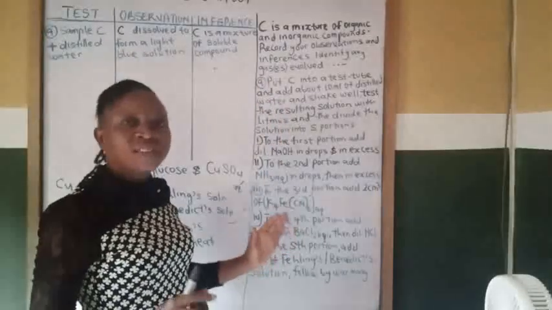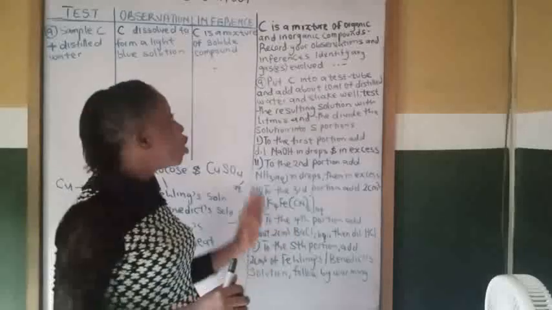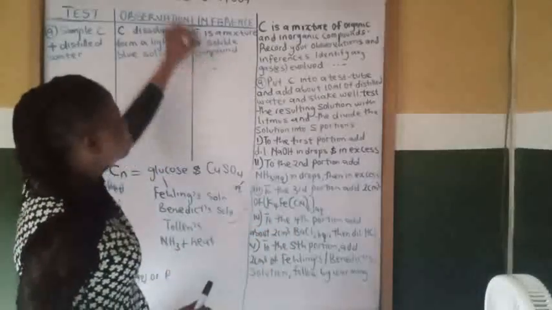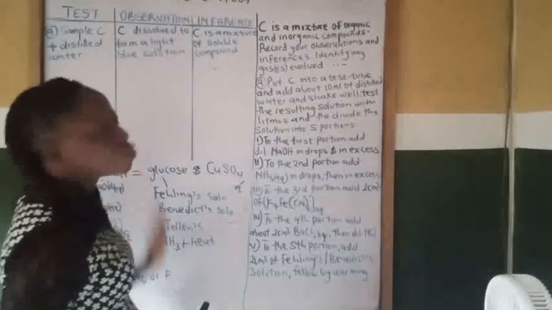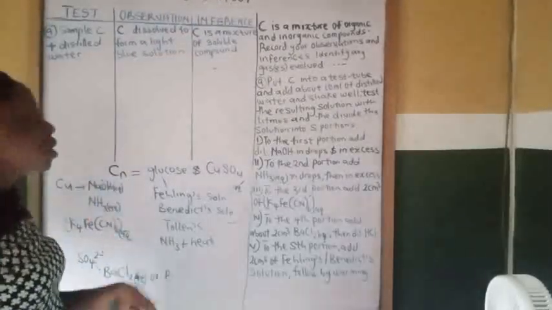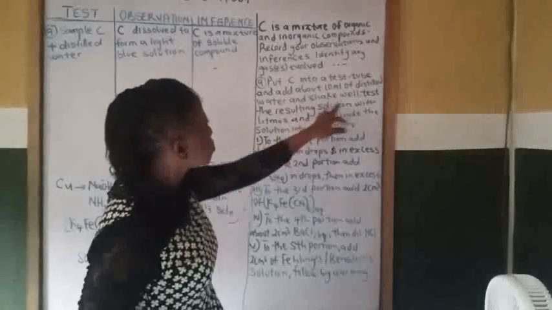So you don't need to say that C is a mixture of organic and inorganic compound. So for your inference now, C is a mixture of soluble compound. Simple. Then let's continue.